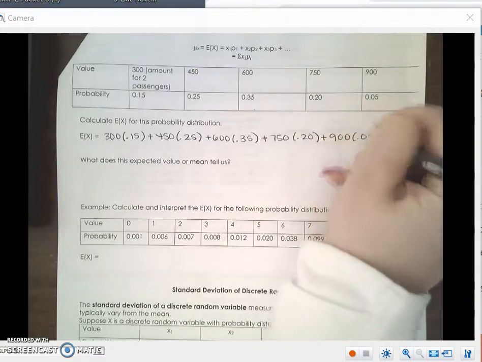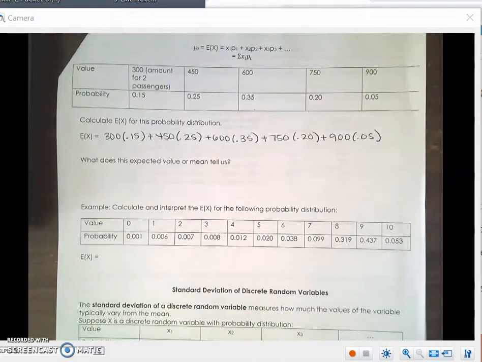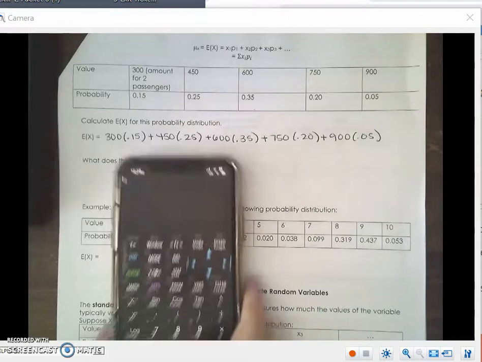900 times 0.05. And you could do that in your scientific calculator, but if you're like me and forgot it, you will have to use the app.